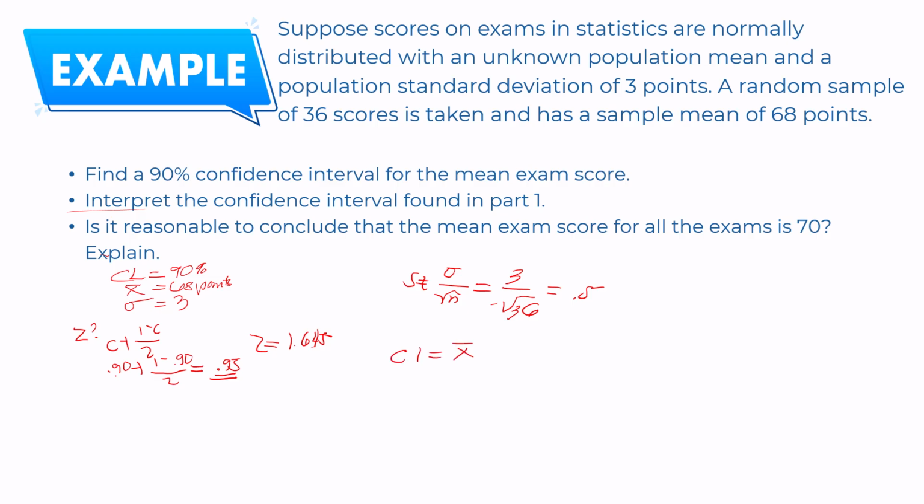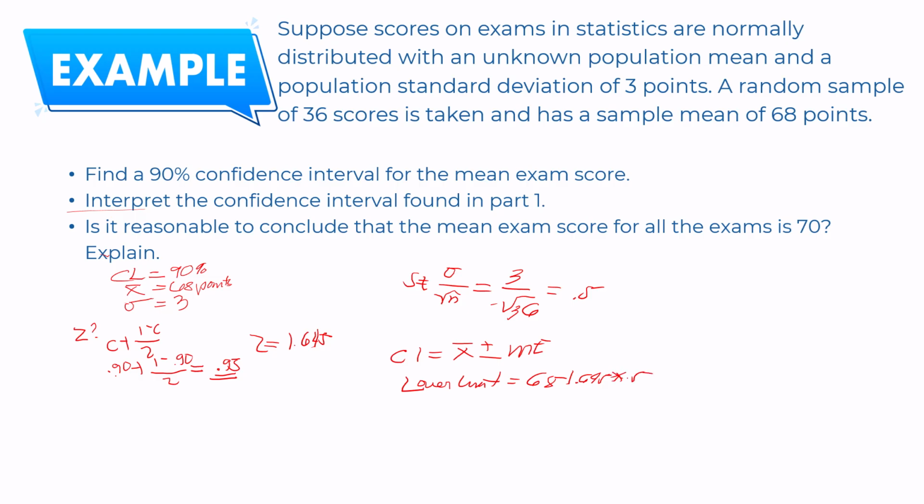So this is 0.5. So we can now compute for our confidence interval, which is equal to x bar plus minus the margin of error. For the lower limit, it is equal to the mean, which is 68, plus minus the z, which is 1.645, times 0.5.